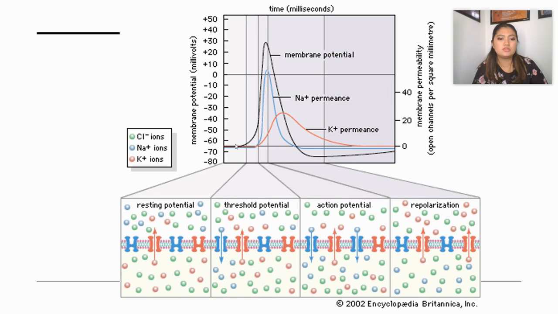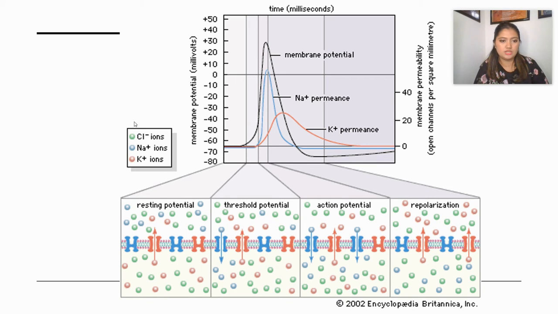At resting potential, there is more of a negative charge. Our resting potential is, based on this graph, about negative 65 millivolts. And then as we start our action potential, you can see that the charge on the membrane is becoming more positive, right?